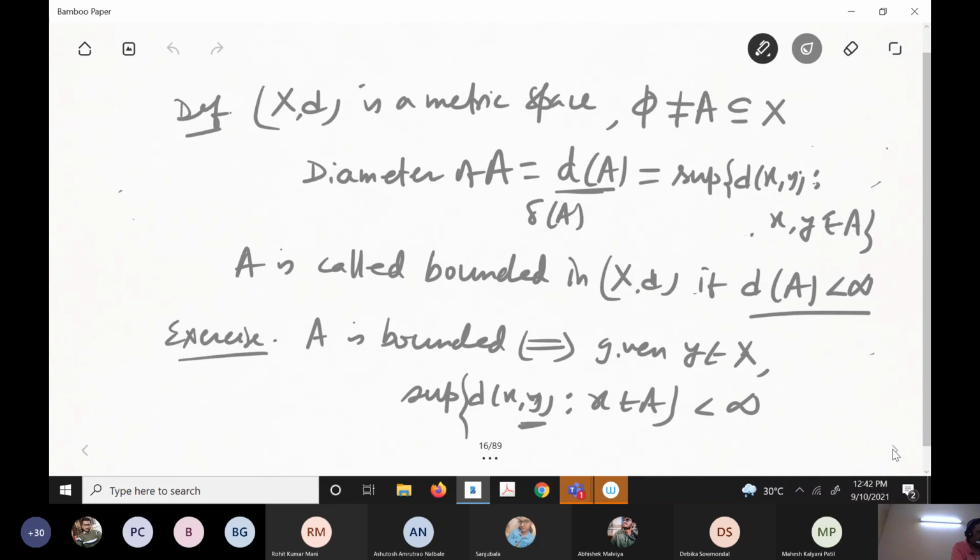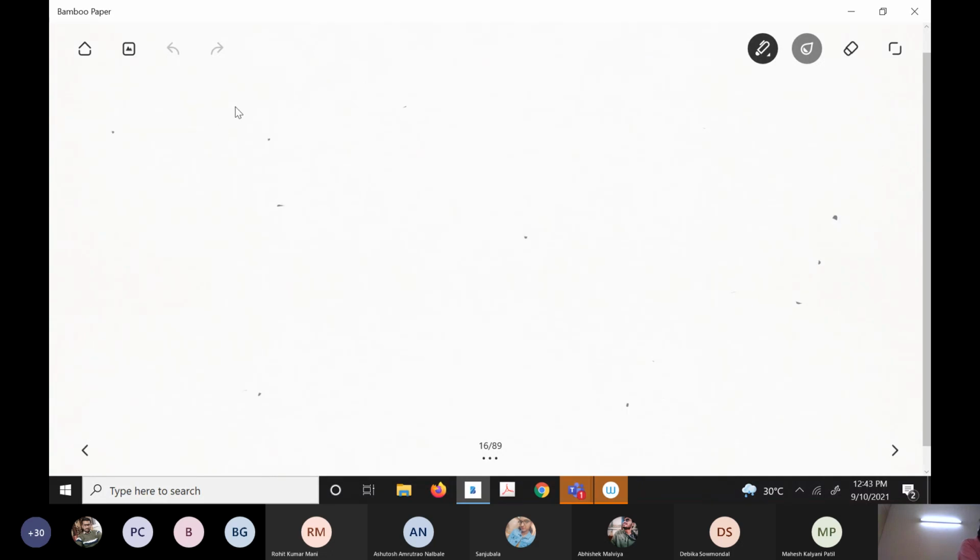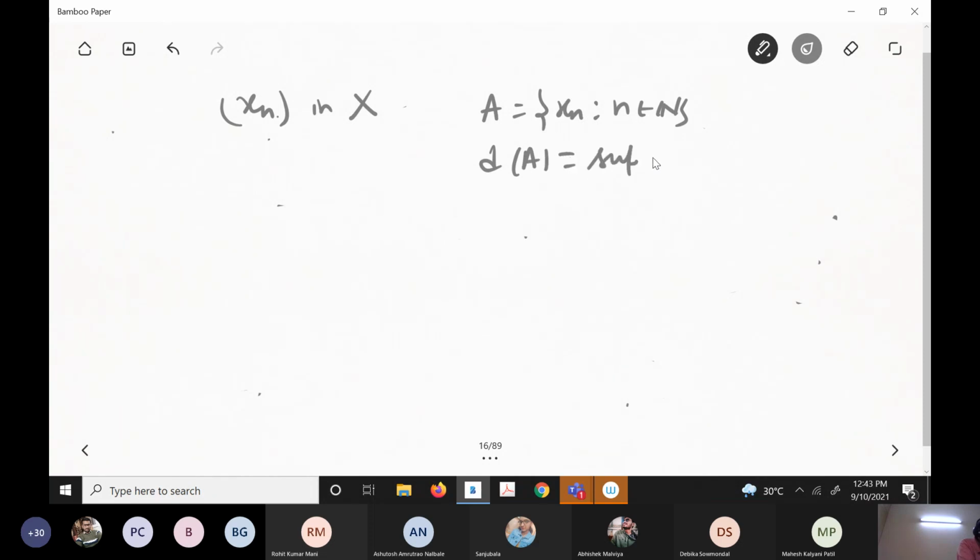Now what you should prove, which I'm not going to do, is this. If you have a sequence x_n in X, then think about the diameter of the set A of its terms. The diameter of A will be the sup of d(x_n, x_m) over n, m.